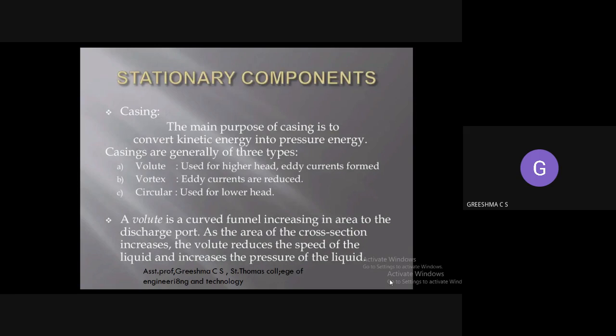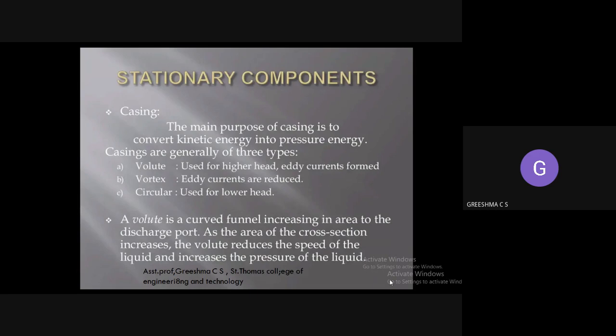As the area of the cross section increases, the volute reduces the speed of the liquid and increases the pressure of the liquid. As the area of the discharge pipe increases, the speed of the liquid will be reduced and the pressure energy of the water can be increased.